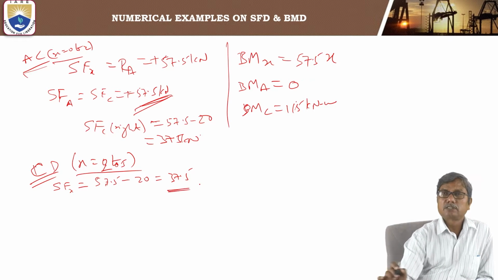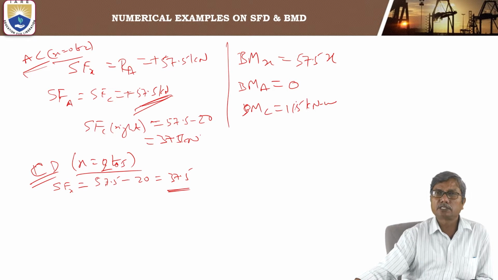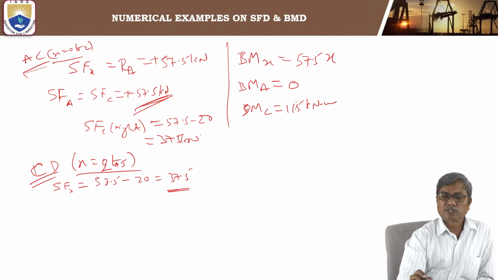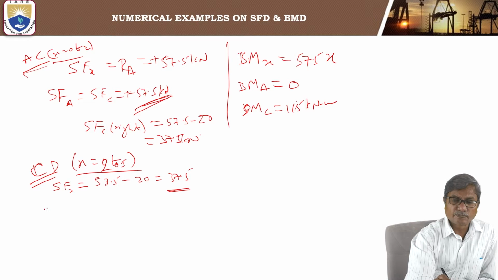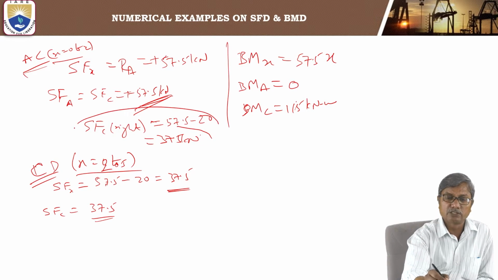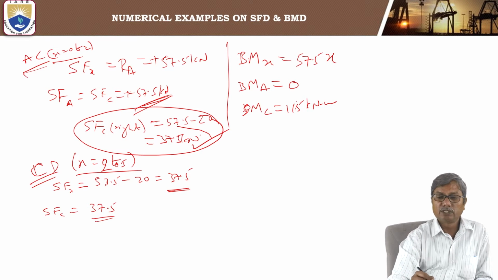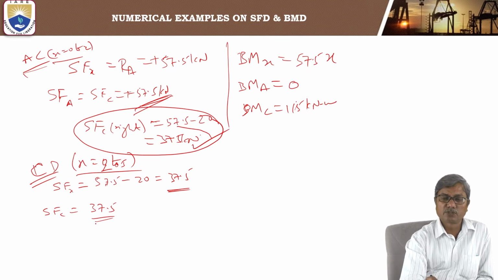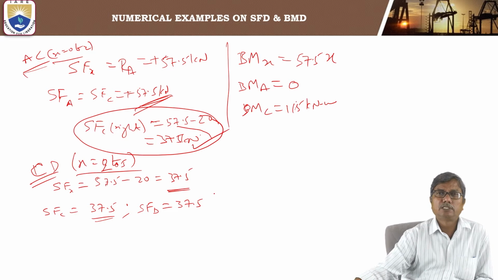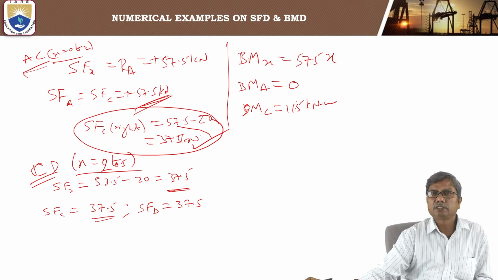If you observe, it is also independent of the distance of the section, so the shear force remains constant from C to D. This shear force at C, which is 37.5, is when we consider the section just to the right of C. Next, the shear force at D is also the same, 37.5. It remains constant because there is no load acting between C and D.